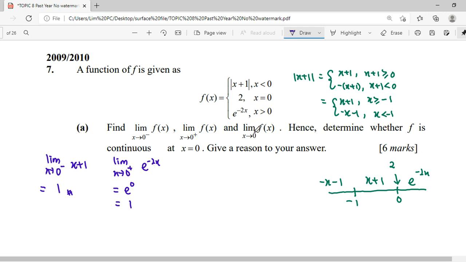So is the limit at this point the same from both sides? The answer is yes, they are the same, because the limit from the left hand side and right hand side give us the same result.